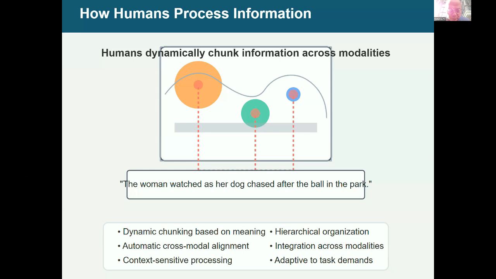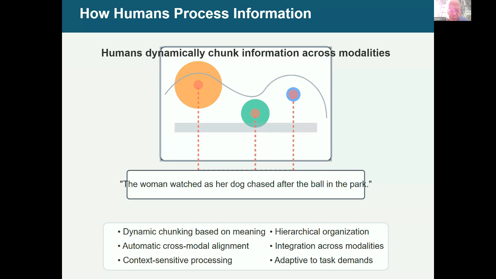You're not seeing these as separate, disconnected elements. You are ultimately grouping related concepts across text and image. These chunks are dynamic and context sensitive.